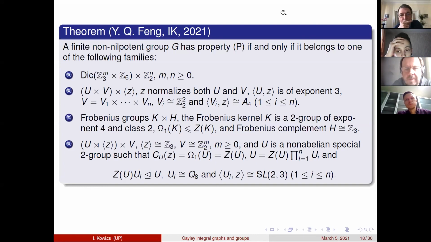For example, if you just take a directed graph, probably you will get nothing interesting because it's too restrictive. Even if the order is three, you can get a directed three-cycle, which has other integral eigenvalues.